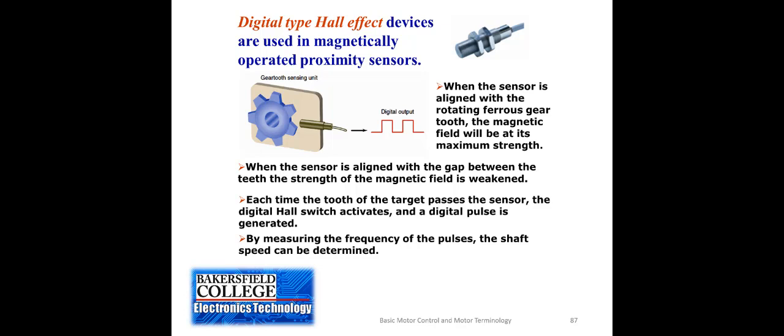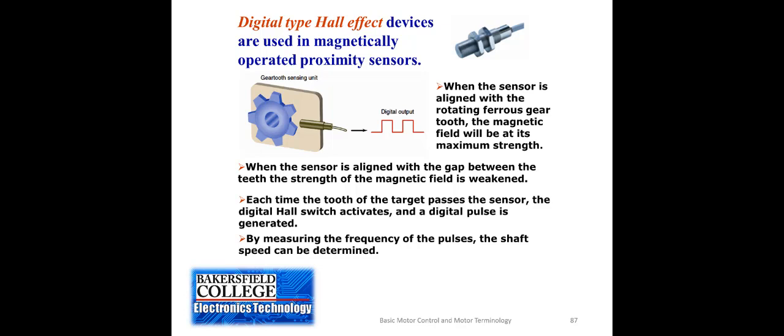If we were to put little gear teeth on that object, or a piece of magnetic material, or even just put the magnet inside the Hall effect device and have a piece of ferrous material, which is either iron or steel, when that little tab or the gear tooth goes across the Hall effect sensor, it generates a pulse of electricity. If we measure the frequency of the pulse, we can mathematically calculate the speed of rotation.